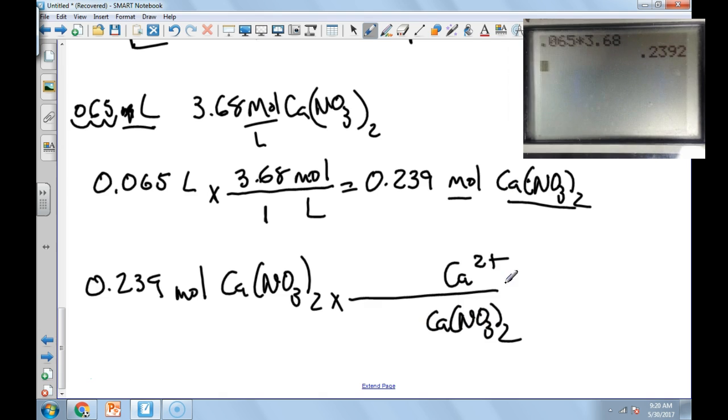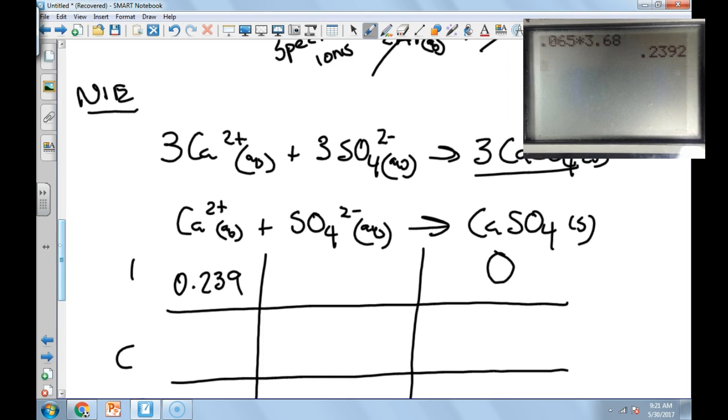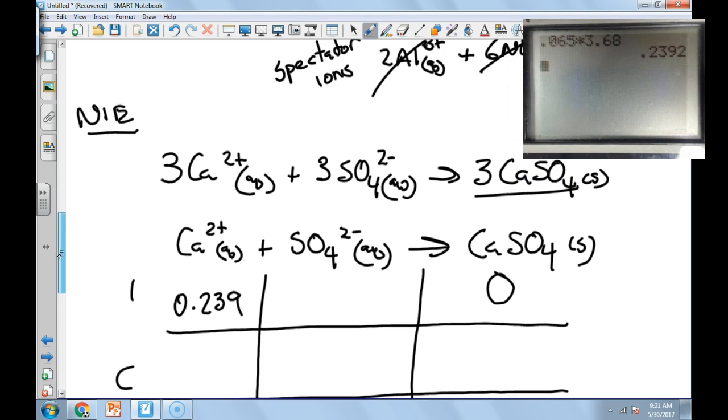Some of you may be able to see this right off the bat, but this is 1 and 1, so this is going to be 0.239 moles of Ca2+. So we're going to put this up here, 0.239 moles. That's in moles, so that's good.